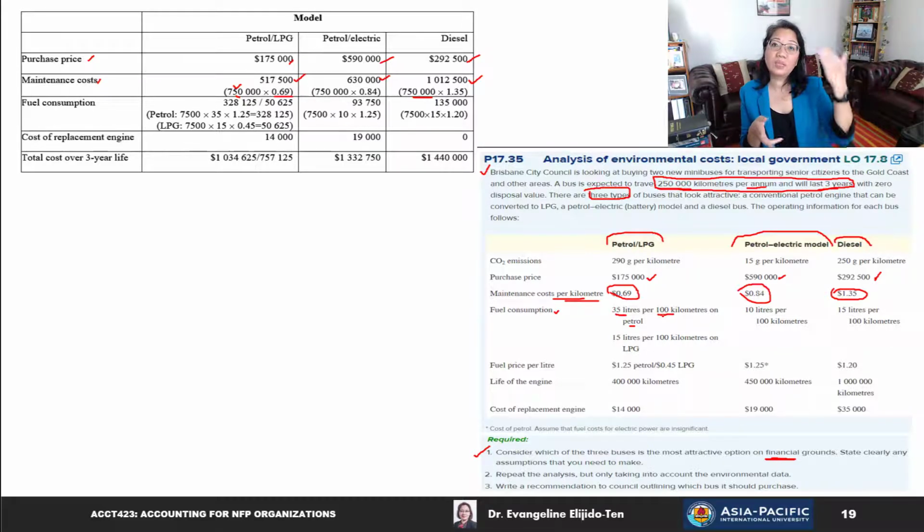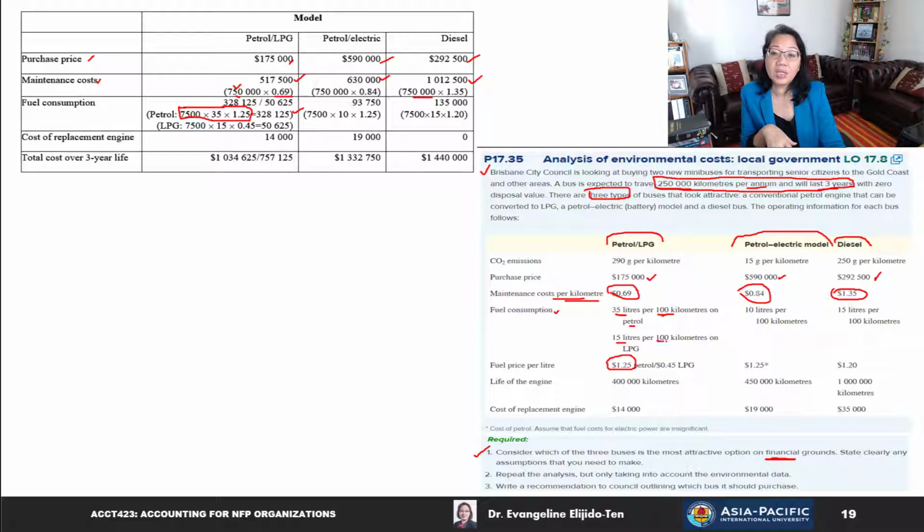So 750,000 divided by 100 is 7,500. Then we multiply it by 35. And how much is the cost of petrol per liter? It says here it is $1.25 per liter. So our calculation would be 7,500 times 35 multiplied by $1.25. So that's $328,125.